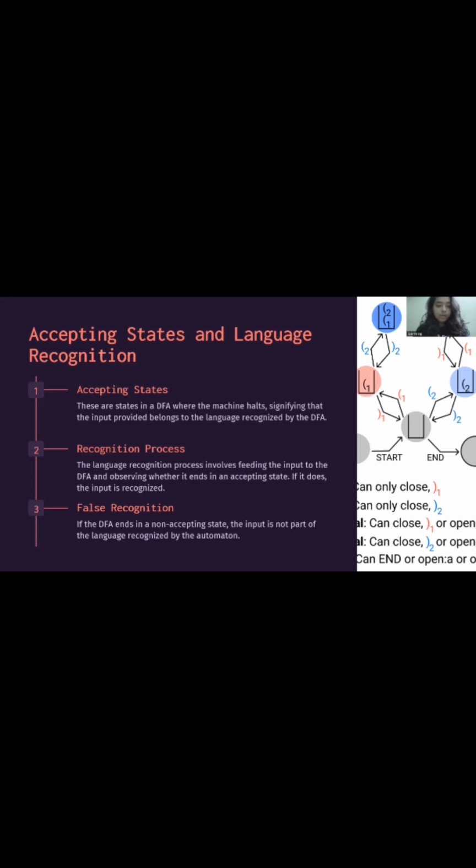The language recognition process involves feeding the input to the DFA and observing whether it ends in the accepting state. If it does, the input is recognized. False recognition. If the DFA ends in a non-accepting state, the input is not a part of the language recognized by the automaton.